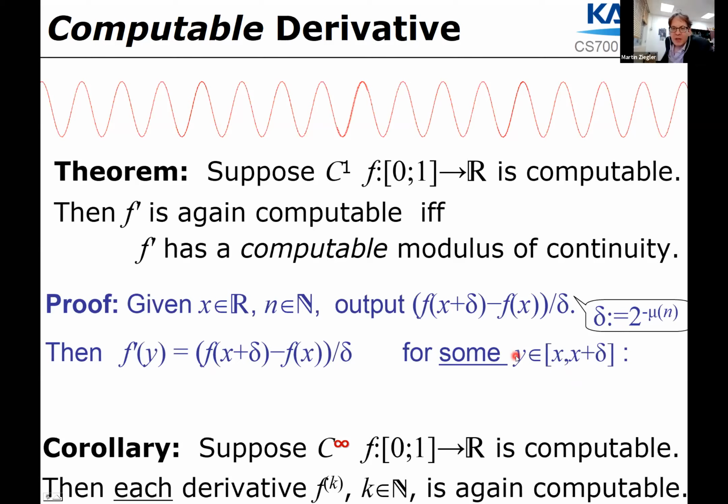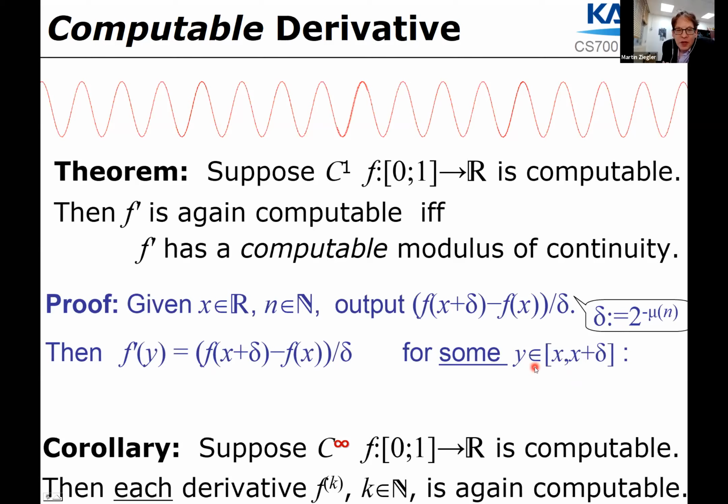There exists some argument in this range such that this finite difference quotient is actually equal to the derivative at a different point y, okay? And that's what we're going to use.